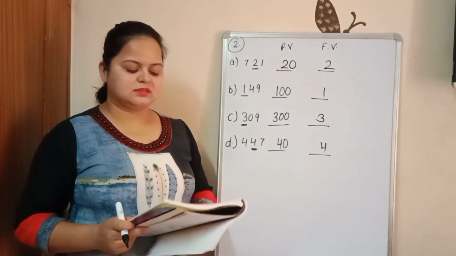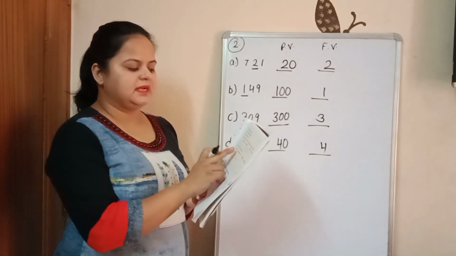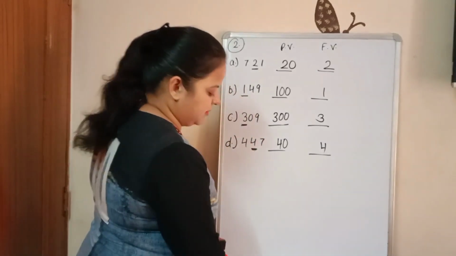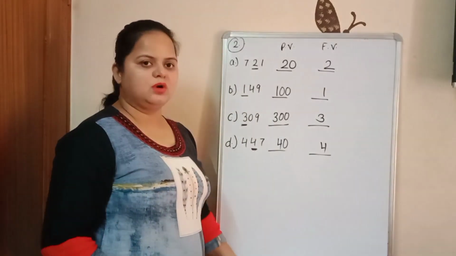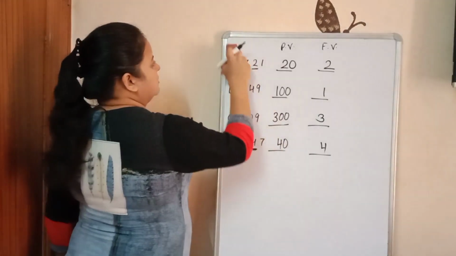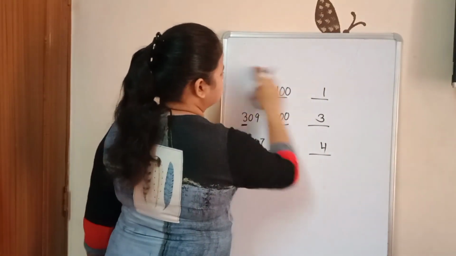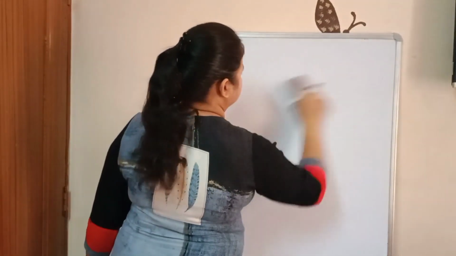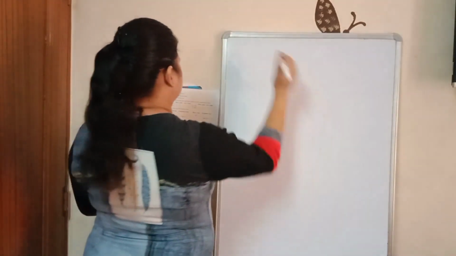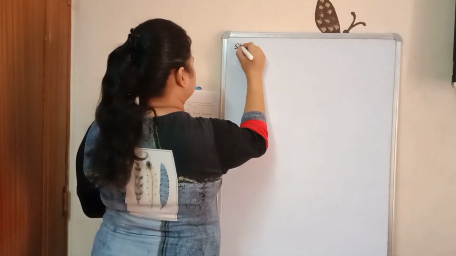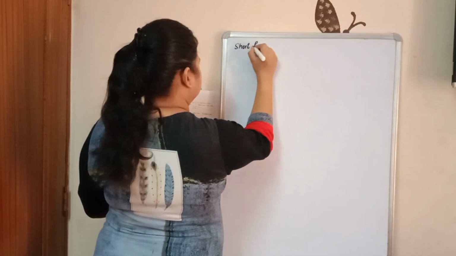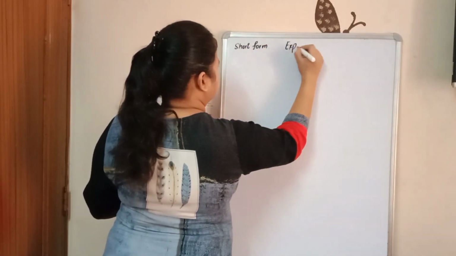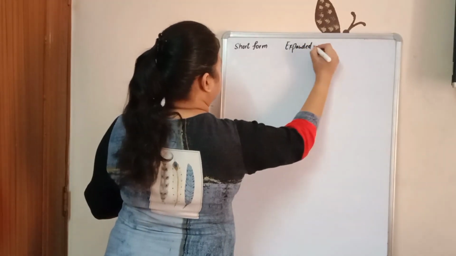And the third sum is given like this. Complete the following table. I am making the same table on the board. Short form, expanded form.